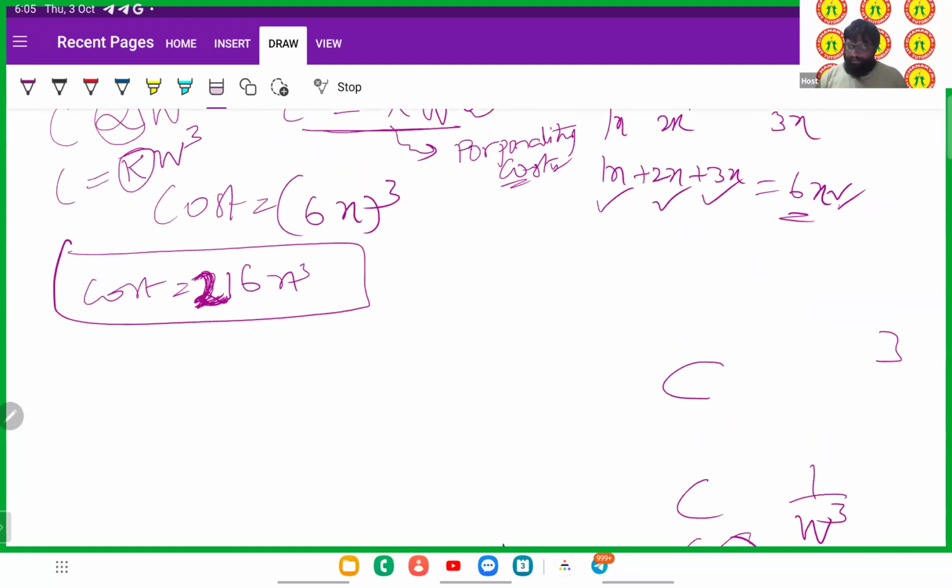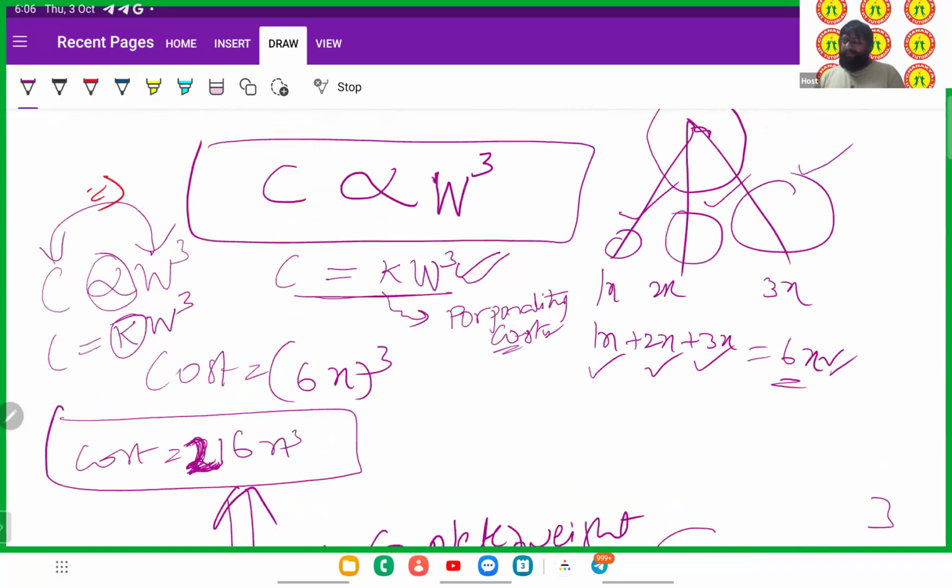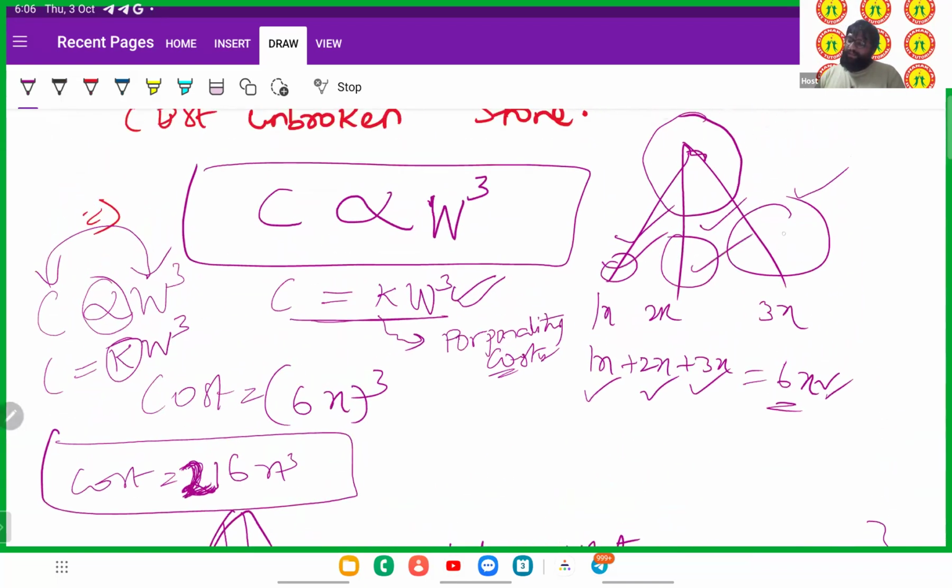Okay. So what I wrote here, is this the complete weight or not, before broken? Don't get confused here. Because I'm adding this one, this one, this one.